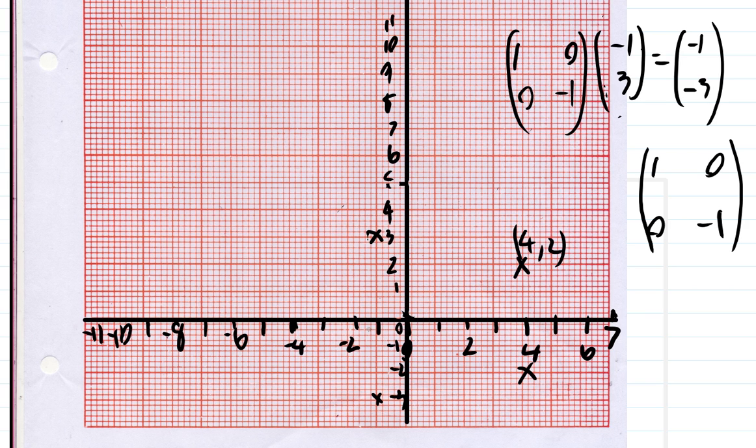The x-axis is a mirror line. The first point was 2 above the line, but the result is 2 below the line. This one was 3 above the line, this one was 3 below.